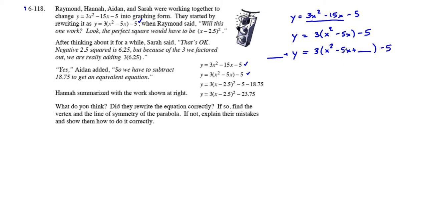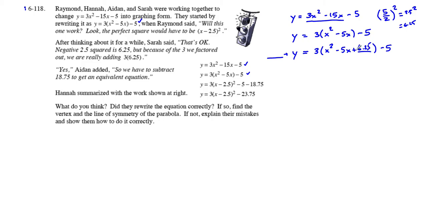I take half of my 5 and square it. That would be 2.5, and 2.5 squared is like 25 squared, so just move your decimal back 2. You should get 6.25. So it looks like they were correct there as well.